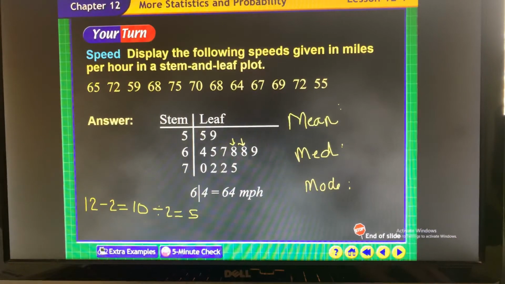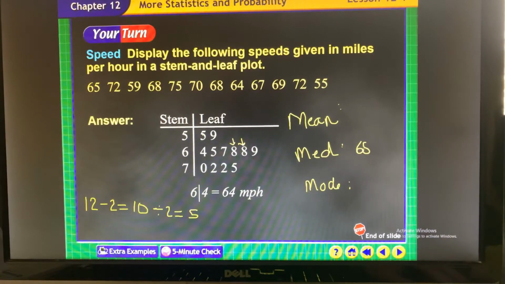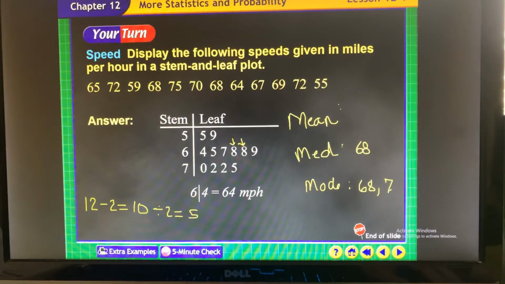Those are your 2 numbers in the middle, so they're both the same. So your median is 68. Remember, don't just use 8. Your mode is the one that occurs most often, and it looks like 68 occurs most often, and 72. And then your mean, I'm not going to do it, add them all up and divide by 12, and you would have your mean. There you go.